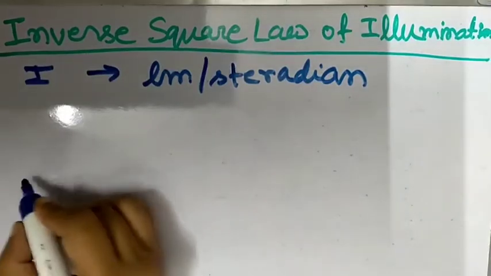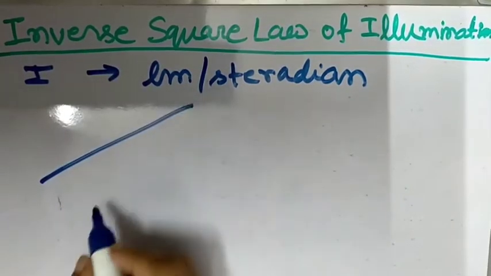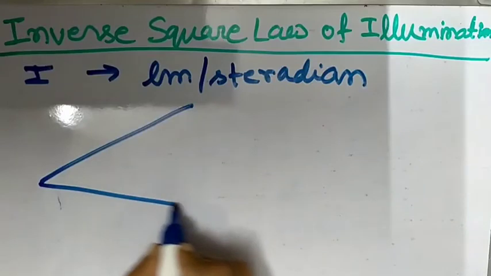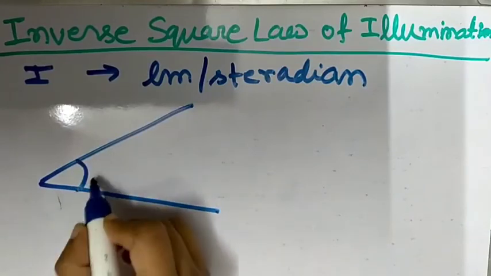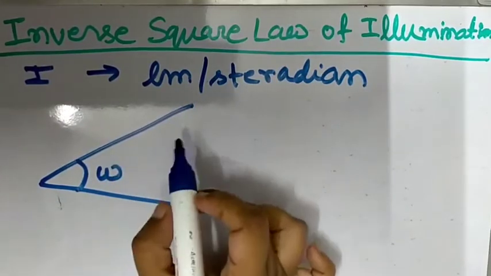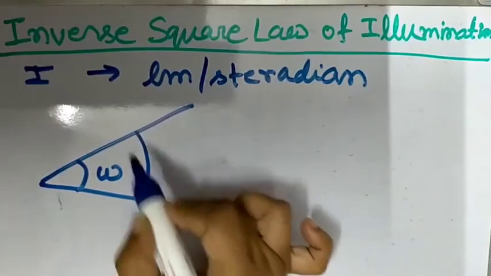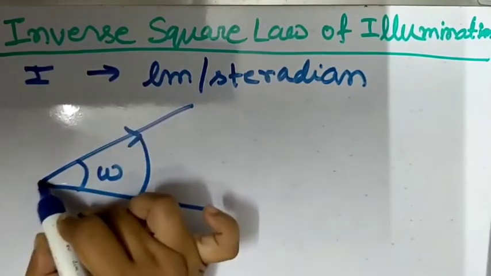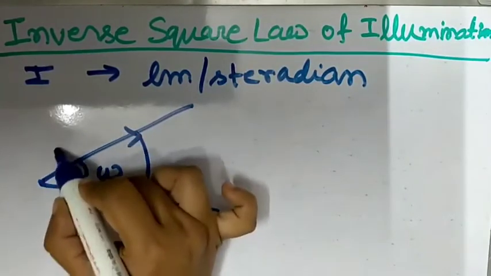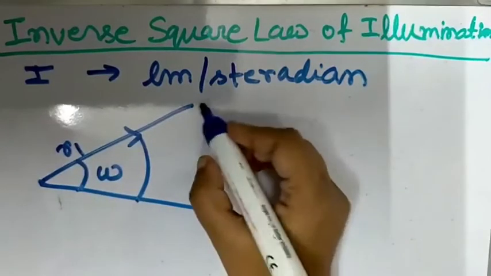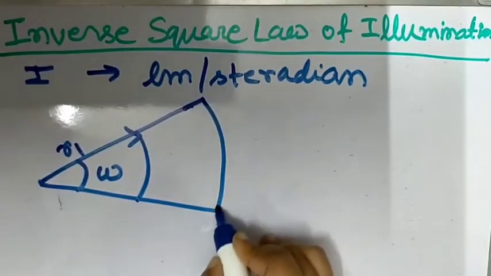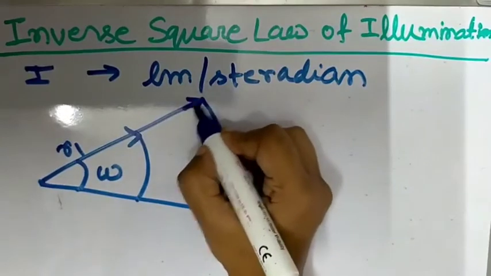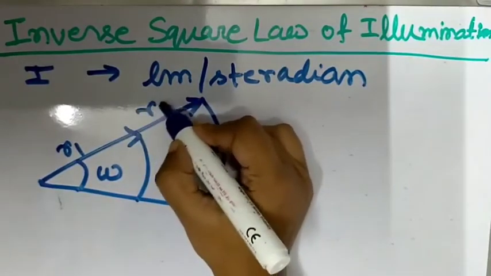Now I draw a picture so you can understand better. This is the solid angle omega. The distance from the center to this point is R1 and from the center to this point is R2.